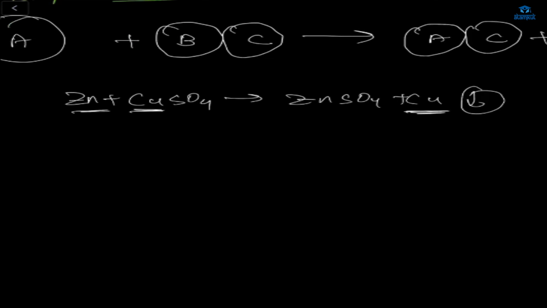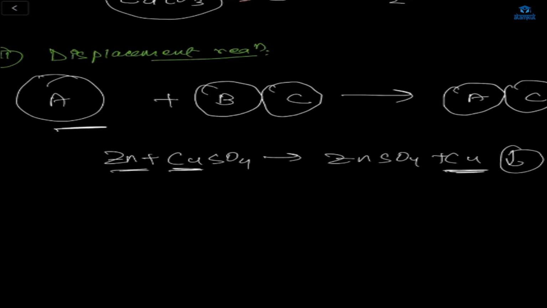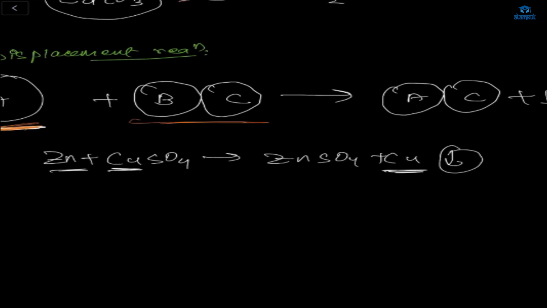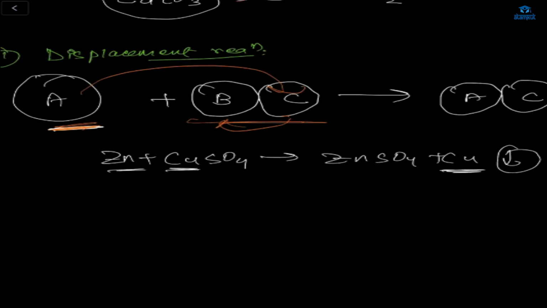The element which is more reactive throws out the other element. Like here, A is more reactive. B and C combine, so A will combine with C and throw B out, just as zinc throws the copper out of the equation.